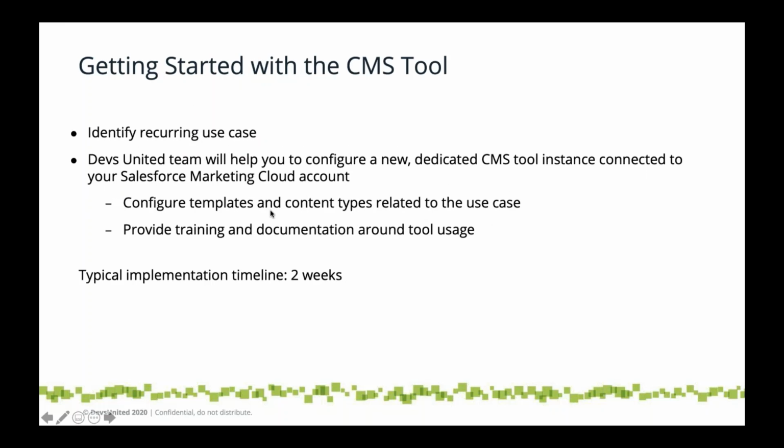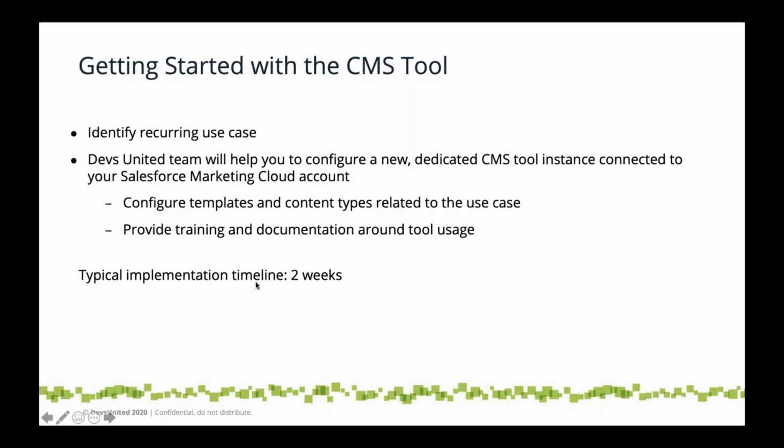So what do you need to get started with this tool? The first thing is that you need to identify your recurring use case. So this tool will help you in those cases where you are doing the same thing every time, right?